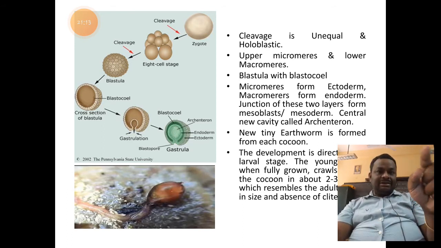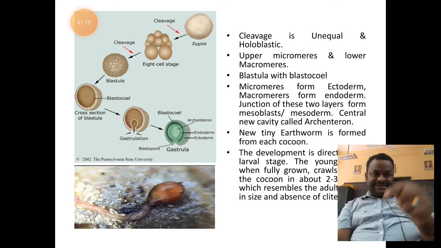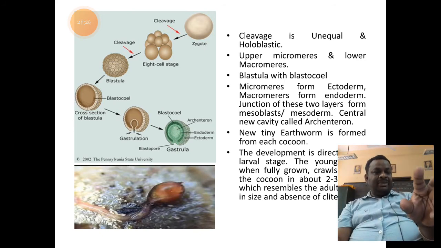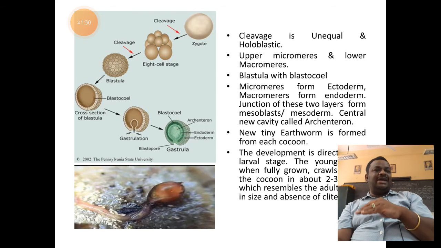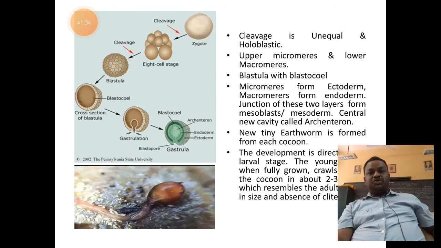So, in the first diagram on the left side, upper diagram, zygote is forming cleavage that results in the formation of an upper layer of small cells or micromeres, and a lower layer of larger cells called macromeres, enclosing a space called blastocele. And this stage is called the blastula stage.